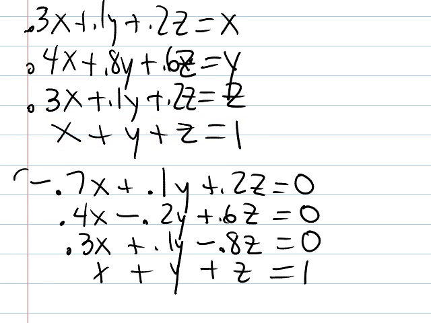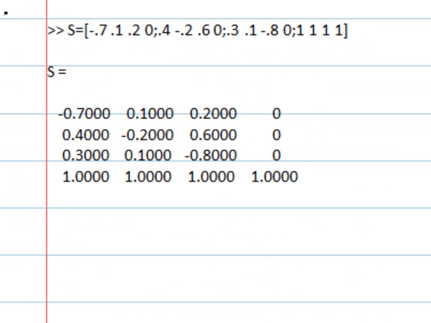I need to solve this system of equations, and so I'll go ahead into MATLAB and type in the augmented matrix for that system. Here in MATLAB, I've typed the augmented matrix for the system.